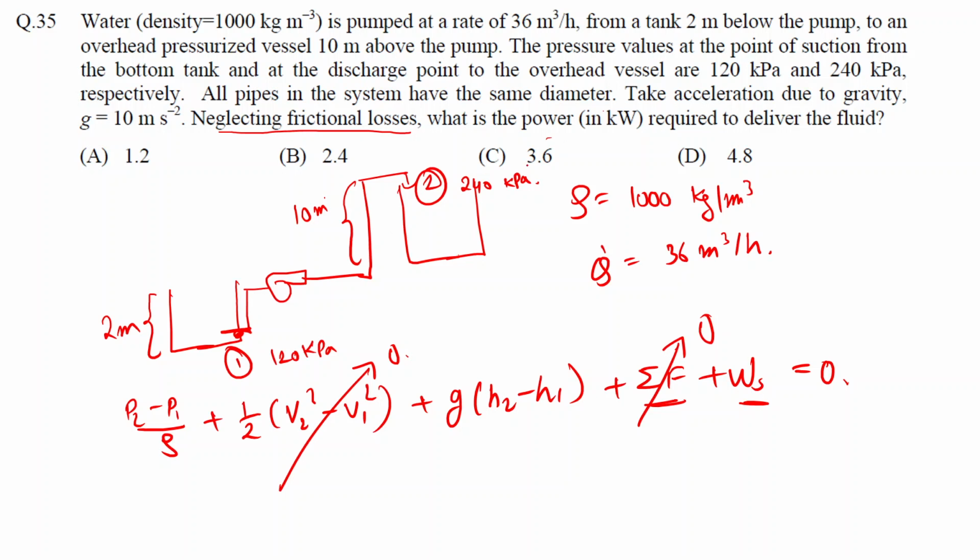So we can replace the values over here. P2 we have been given as 240 and P1 as 120 kilopascal, so we will keep the units as kilopascal only.